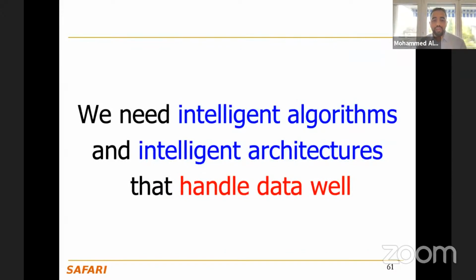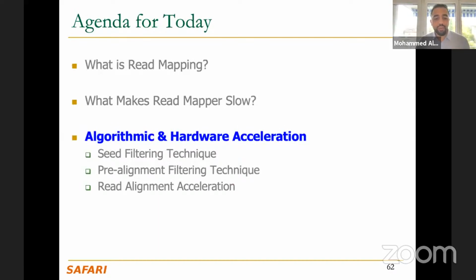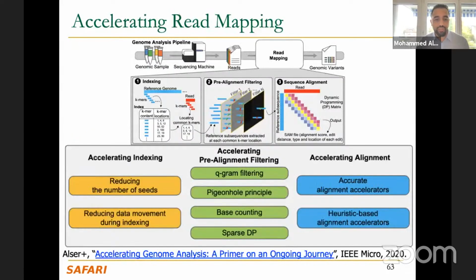So I hope I have encouraged you enough that we need intelligent algorithms and intelligent architectures that handle data very well. And for that, we need to introduce algorithm and hardware acceleration for genome analysis. This is another paper from our research group showing all the existing algorithms that were used, plus hardware acceleration that was used to improve the performance.